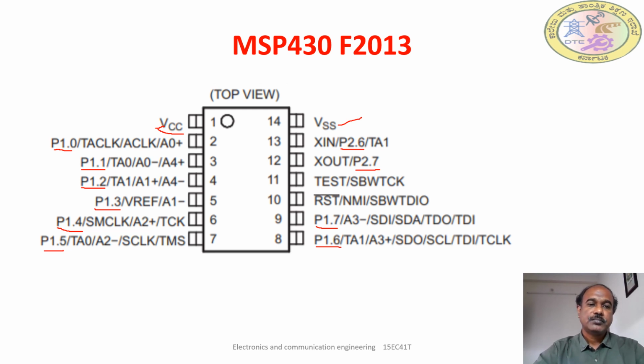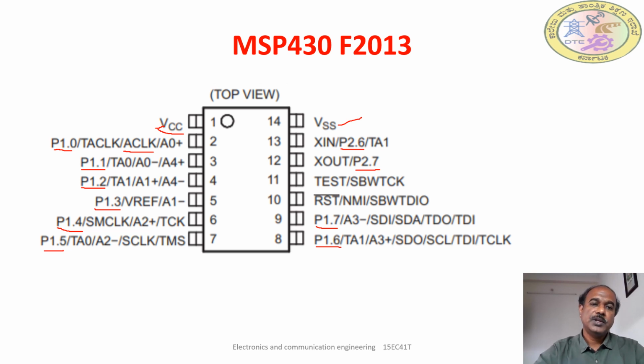Then, as we know, the MSP430 series microcontroller internally uses different types of clocks. If you select pin number 2 for the function ACLK, it indicates that the clocks such as ACLK, MCLK and SMCLK are produced internally by the microcontroller.